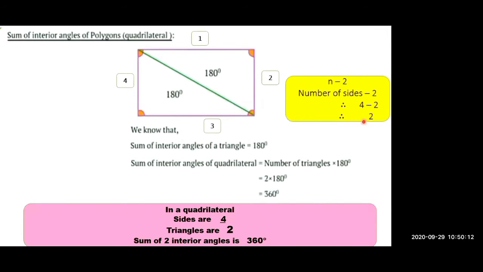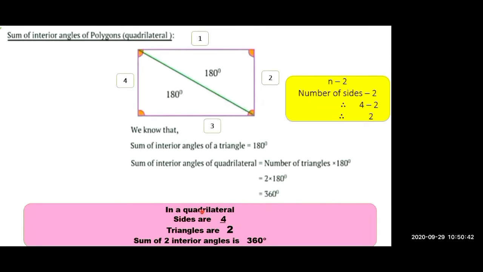Yes. So sum of interior angles of quadrilateral equals to number of triangles into 180 degrees. Here number of triangles are 2, 1 and 2 in quadrilateral. So 2 into 180 degrees equals to 360 degrees.